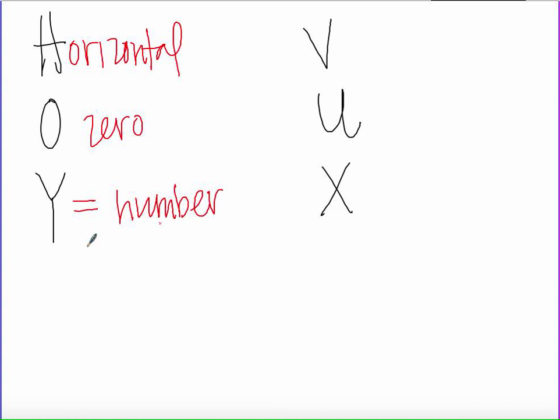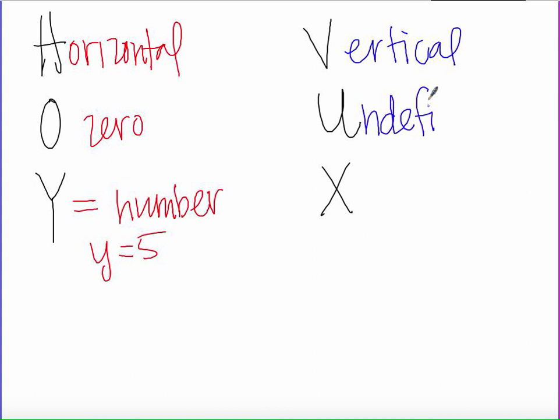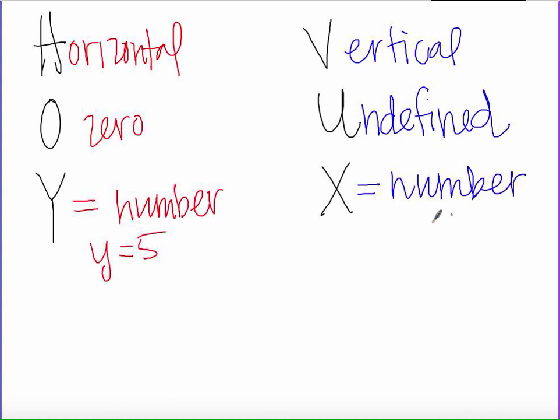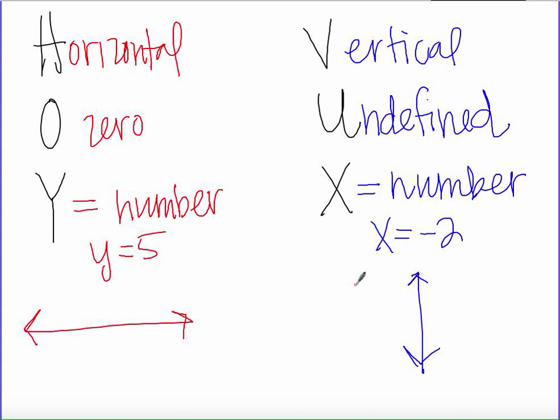So for example, just like y equals 5. That's going to be horizontal, it's going to have 0 slope. The VUX part tells me that vertical lines have undefined slope and they come from x equals a number lines. So for example, x equals -2 would be a vertical line, while y equals 5 would be a horizontal line. It's commonly misunderstood and made backwards because we're thinking of the axis, but this is just one way, if you're getting them backwards, to try and remember what is what.